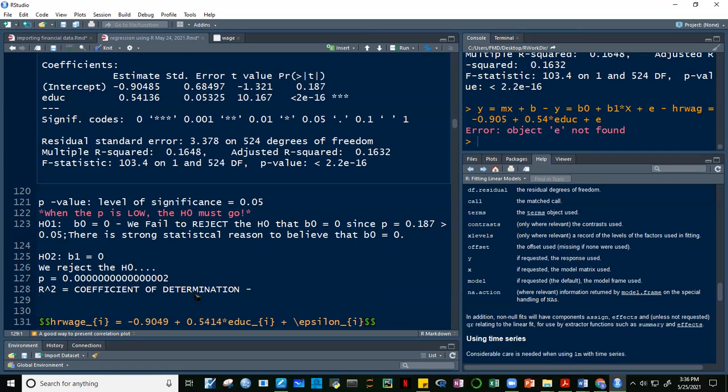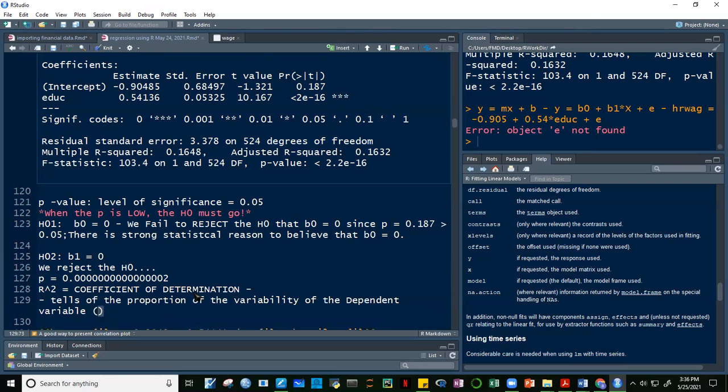Okay? The coefficient of determination tells us the proportion of the variability of the dependent variable. In this case, what's our dependent variable? Hourly wage, okay?